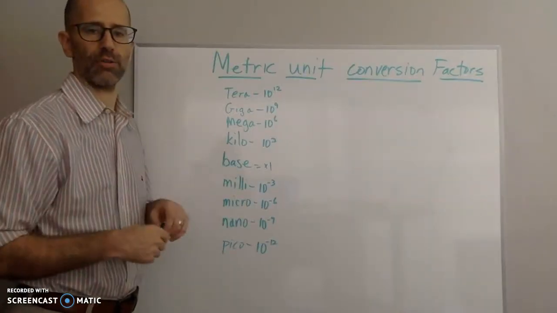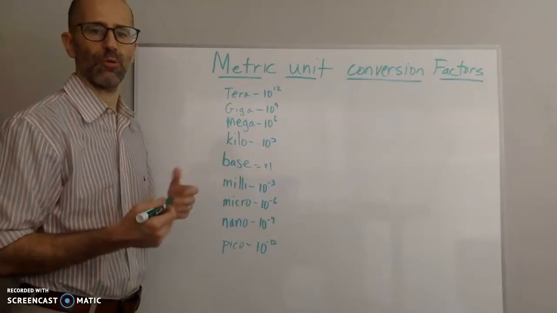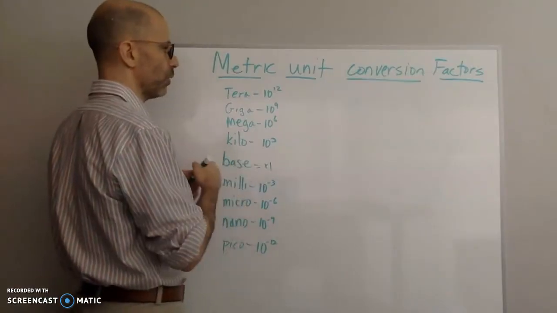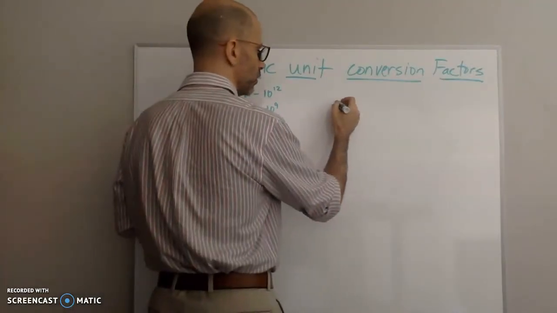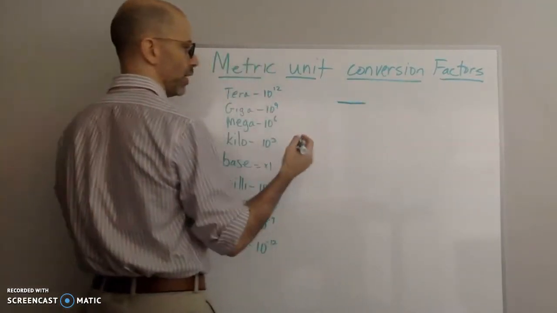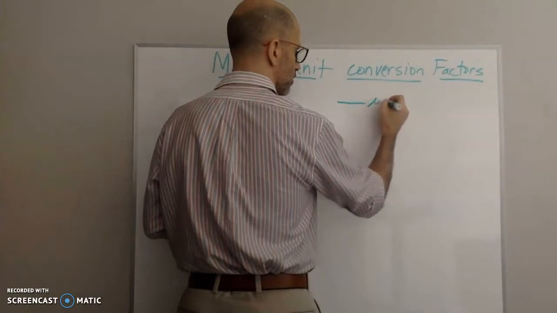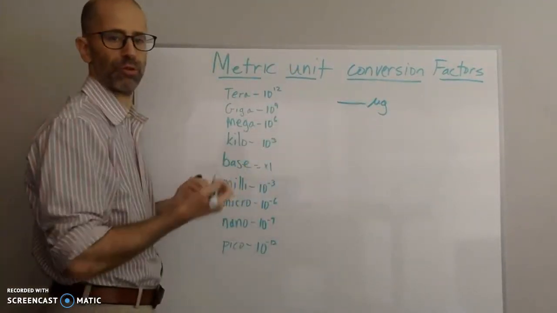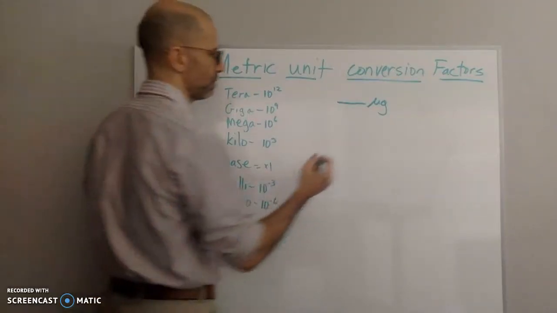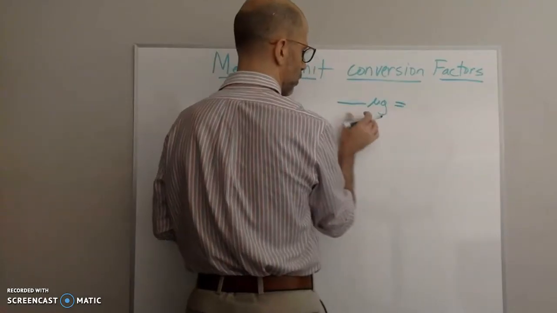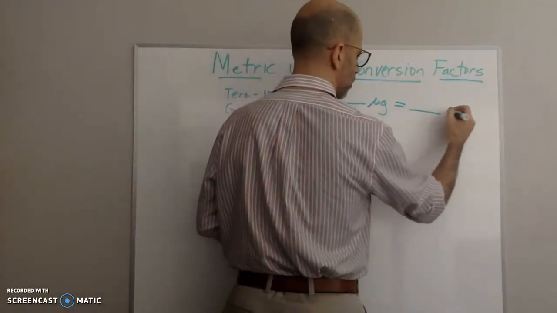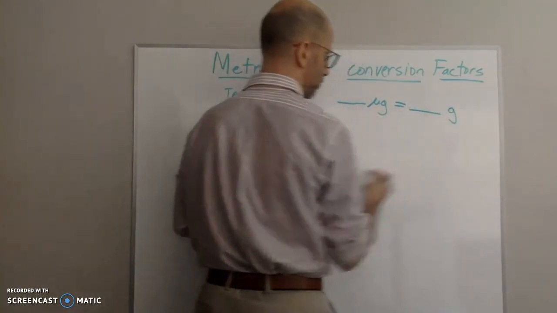I'll show in another video what you can do for that. So here we want to set up the equality between micrograms and grams. So here's my microgram, and I'm going to leave a blank for the number. We'll fill those blanks in a moment. But I'm going to set up the equality. So I have a certain number of micrograms is equal to a certain number of grams.